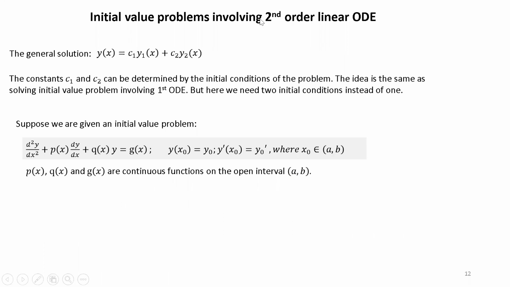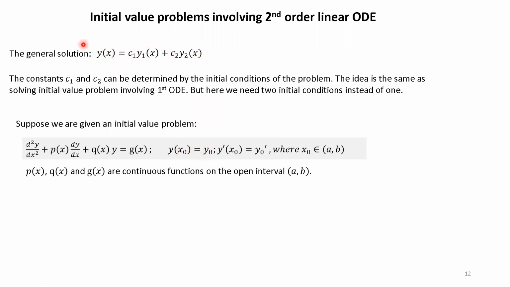Now, if I give you these initial conditions, how do we figure out C1 and C2? That's actually straightforward. You go back to this solution, which I assume you have already found, the general solution.